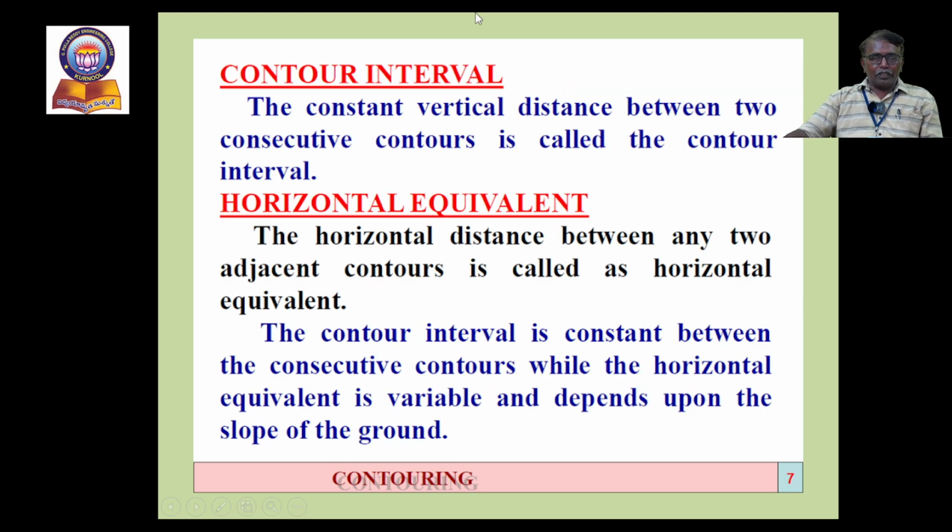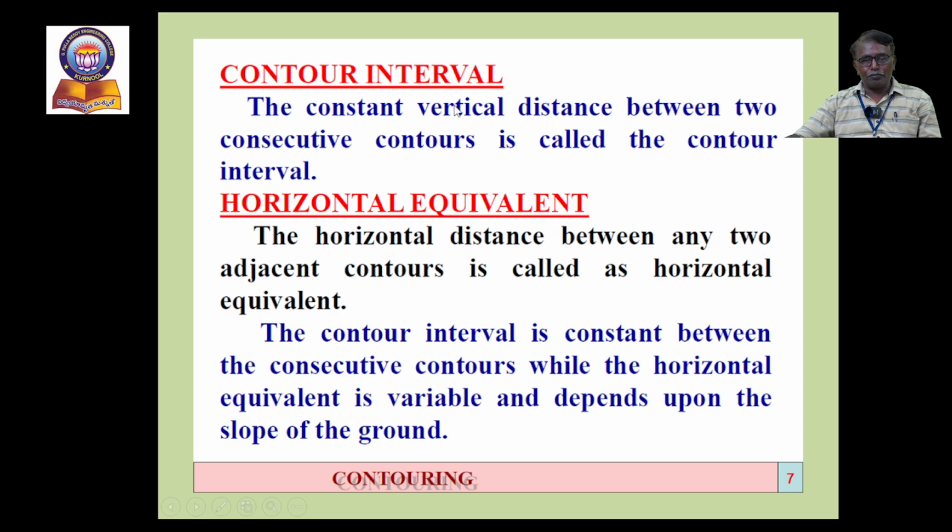The next important one in contour surveying is the contour interval. That means the constant vertical distance between two consecutive contours is called the contour interval. The contour interval should be properly selected, so that the contour lines will not be very close together, and at the same time should not be far away.